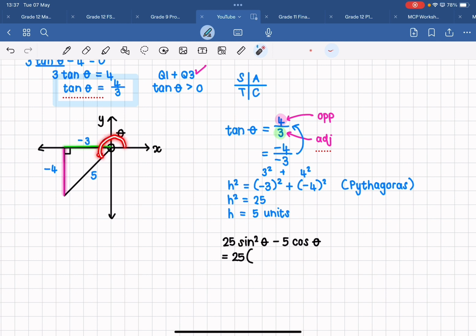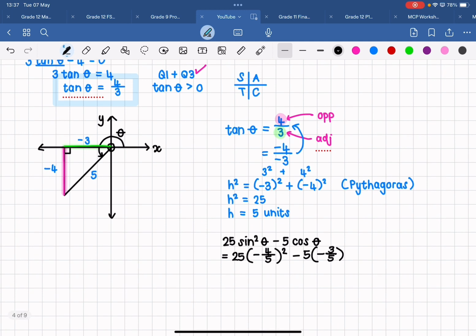If this is our angle, theta, sine is opposite over hypotenuse. So we're going to use negative 4 over 5 squared. Remember, it was sine squared, minus 5 times cos theta. Again, if this is my angle, cos is adjacent over hypotenuse, so negative 3 over 5.